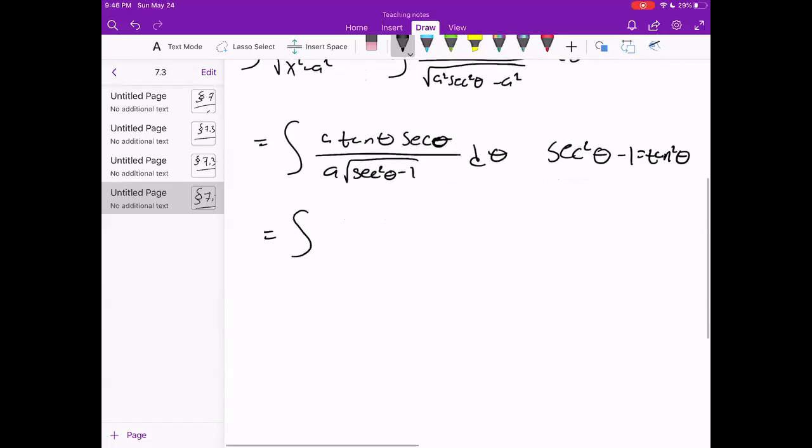So just keep simplifying. The a's cancel. I have an a up top, an a down bottom. So this is going to be tan theta secant theta over, secant squared minus 1 is tan squared, so if I take the square root of that, I'm just going to get tan theta.